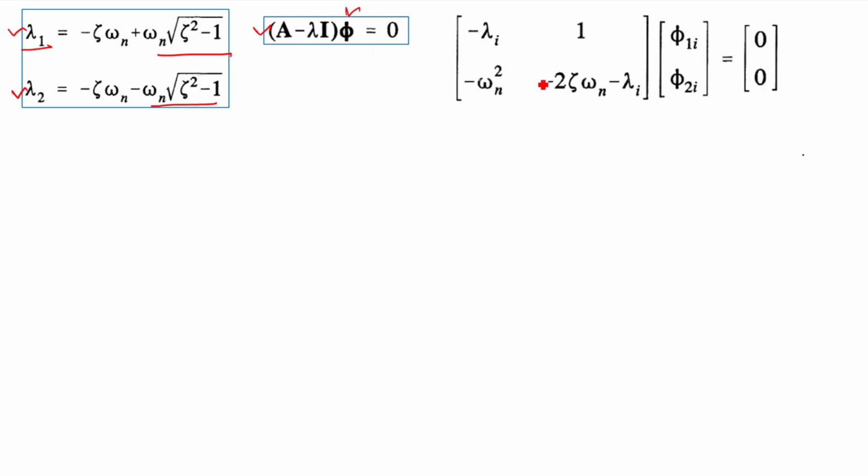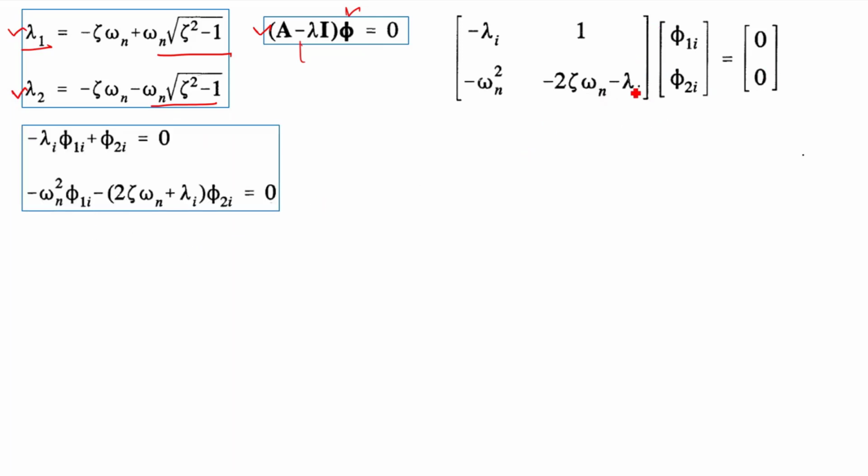Now just substituting this right eigenvector for the ith eigenvalue, we can say it is phi 1i, phi 2i, and this matrix will become minus lambda i, 1, minus omega n square, minus 2 zeta omega n minus lambda i, that will be equal to 0.